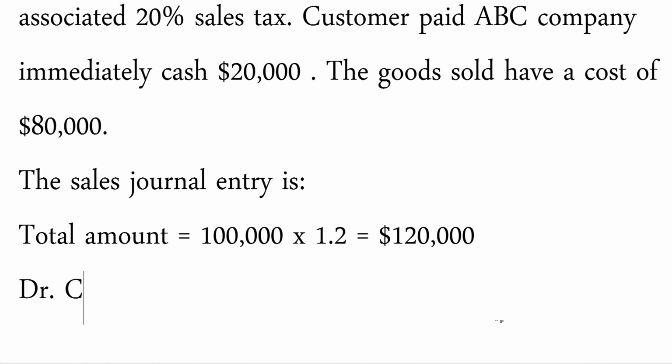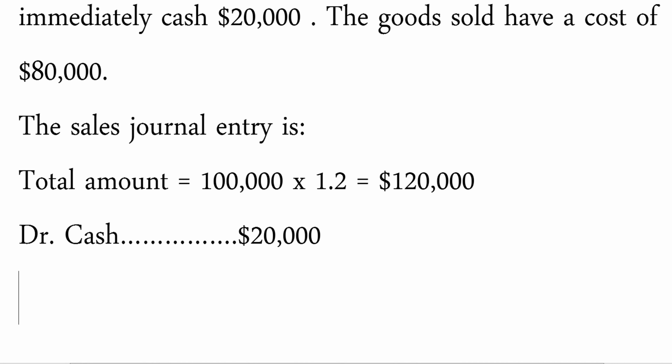And then debit cash we got from customer, how much? 20,000, and the remaining as account receivable.